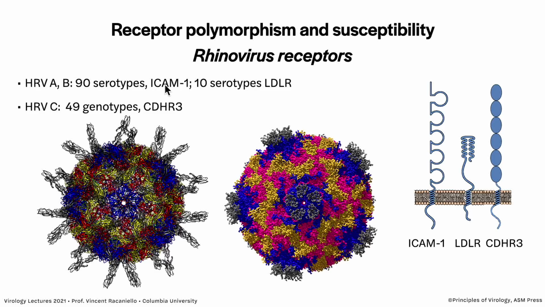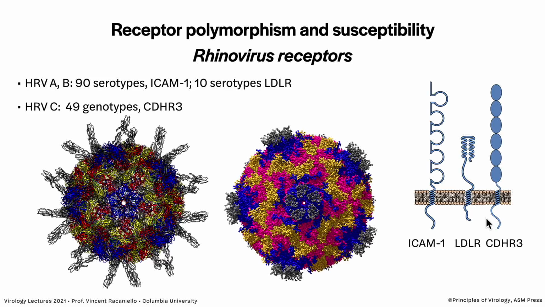We have ICAM1 for many serotypes, and this is a multi-Ig-like domain protein. For the 10 serotypes, they use the low-density lipoprotein receptor, which we encountered earlier, which is shown here. And by the way, this is ICAM1 binding in the canyon of these other serotypes as opposed to LDL on the surface. And then the rhinovirus Cs bind a protein called CDHR3, which has this kind of repeat structure.